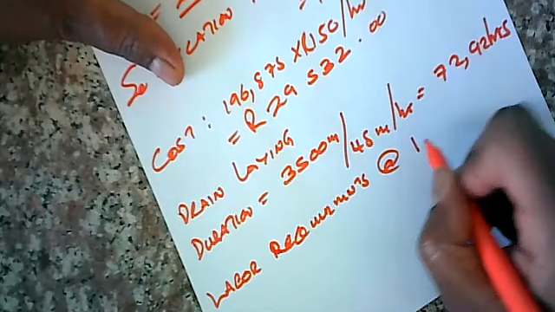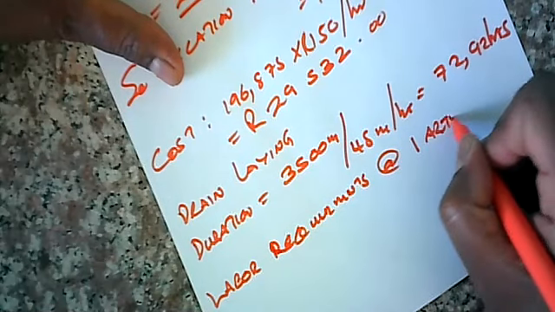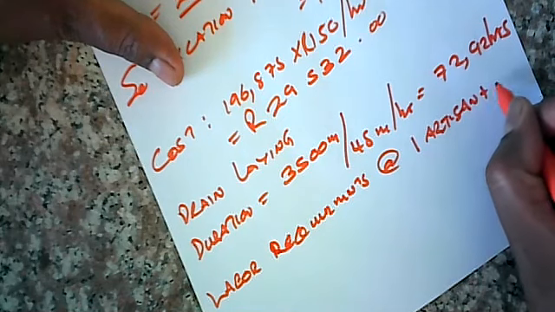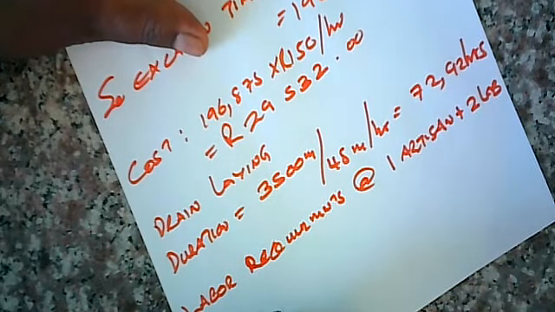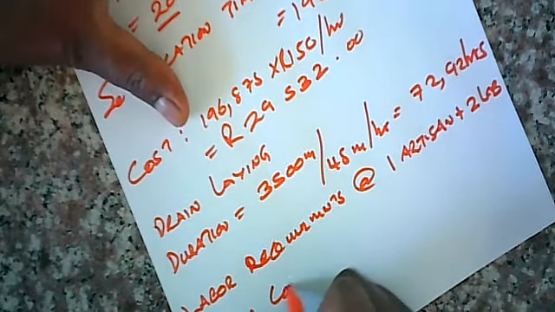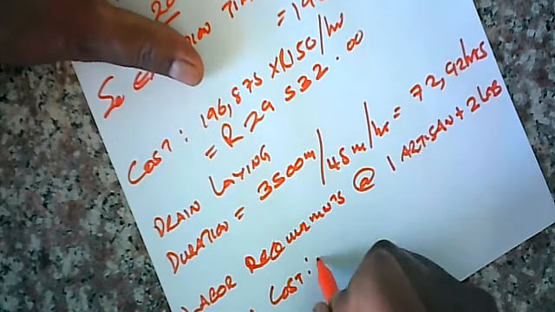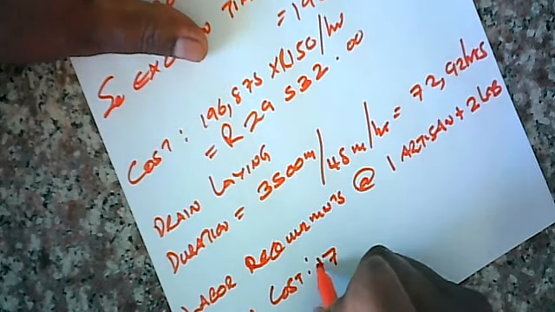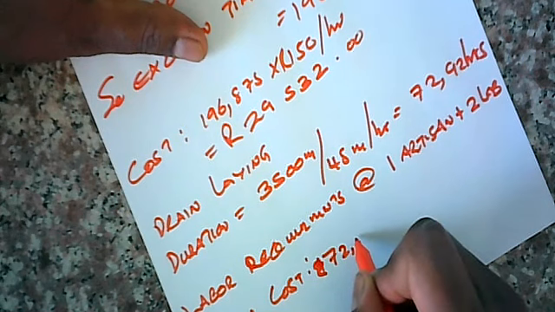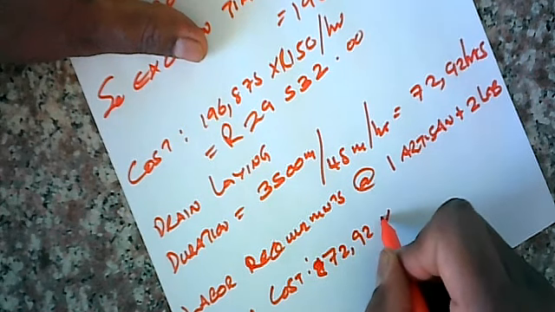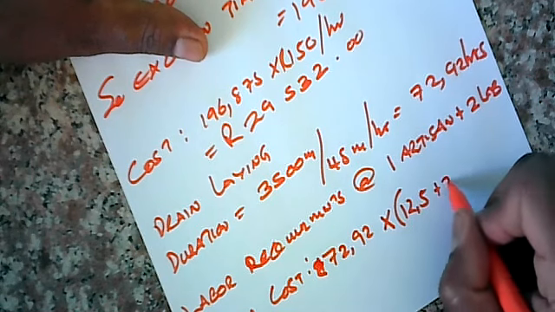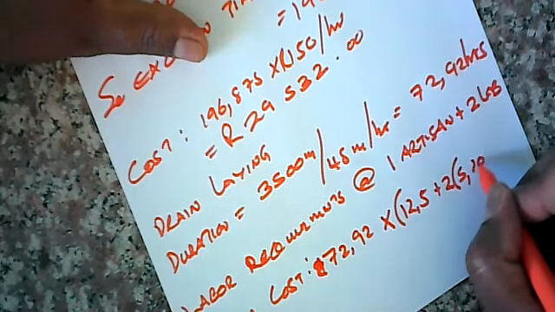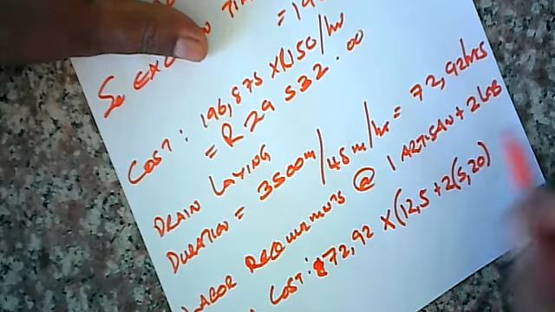As 1 artisan plus 2 laborers. Therefore, labor costs, let's see, 72.92 times 12 Rand 50 for the artisan, plus 2 times 5 Rand 20 for the laborers.